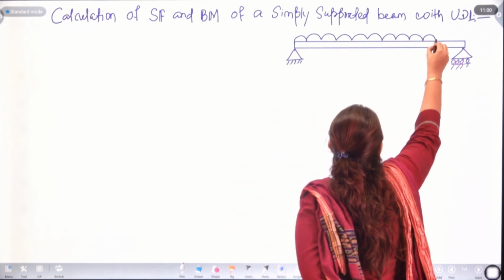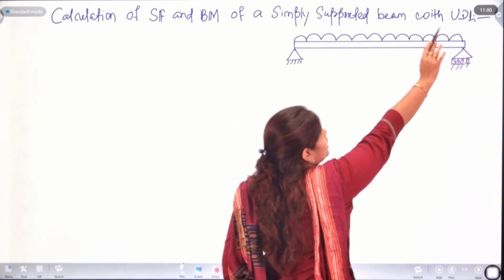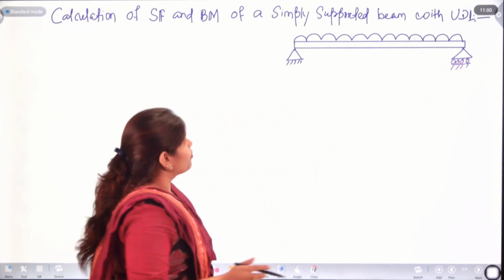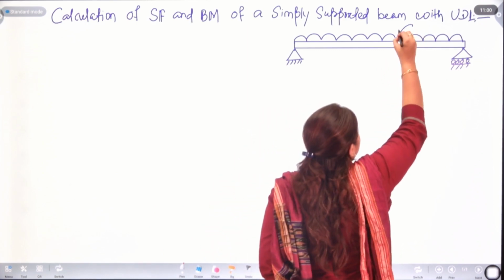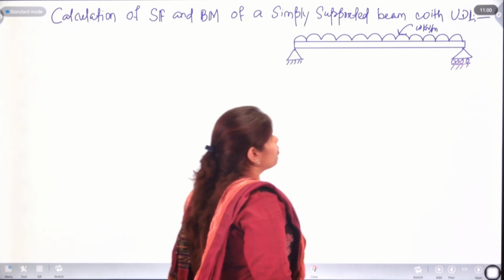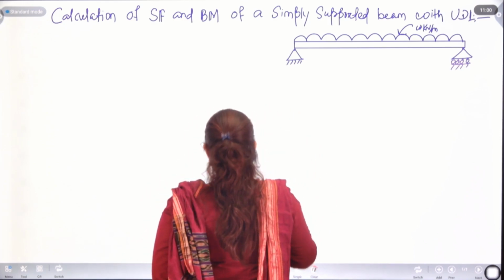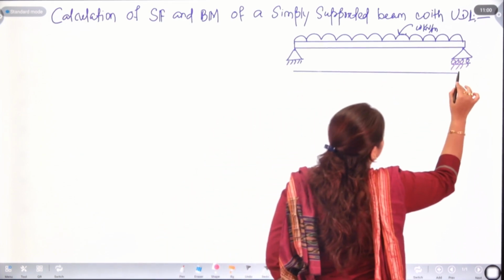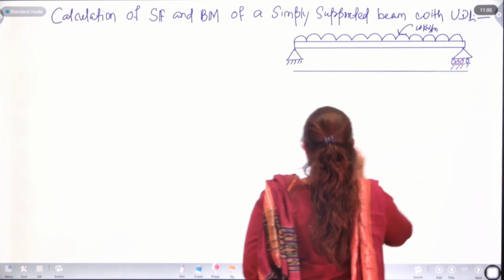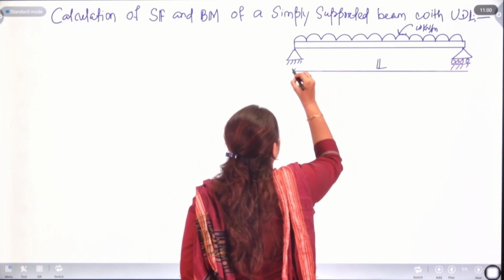Uniformly distributed load means the load at this point and this point will be the same. So, UDL will be W kilonewton per meter. And take the whole length as L.